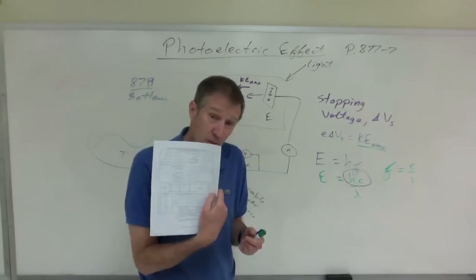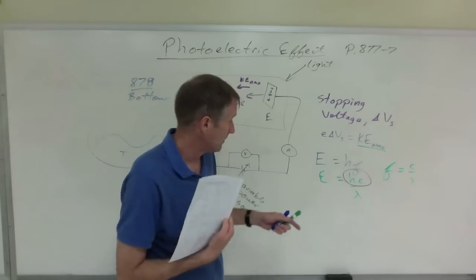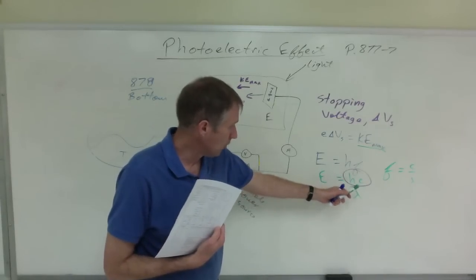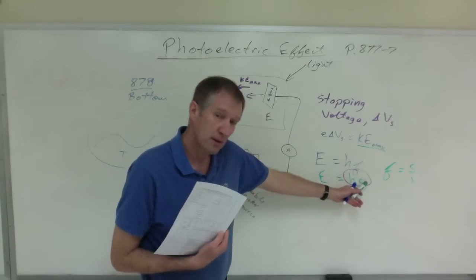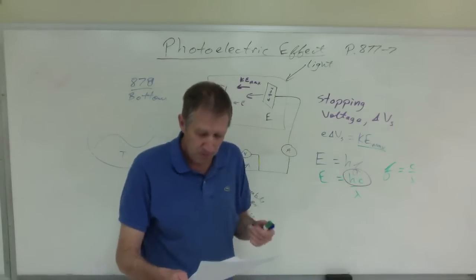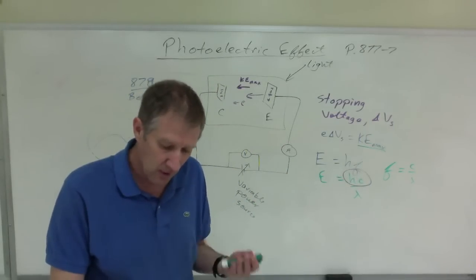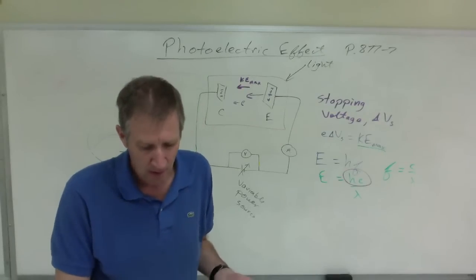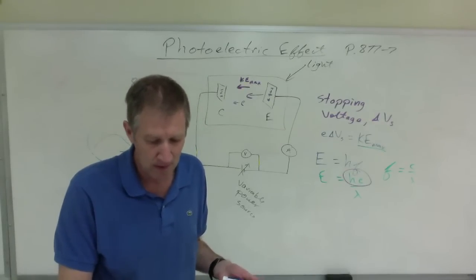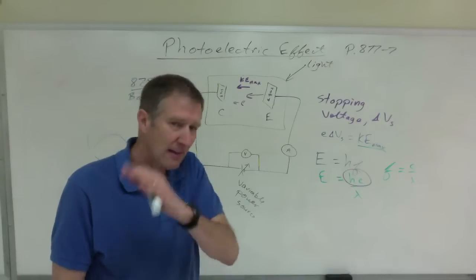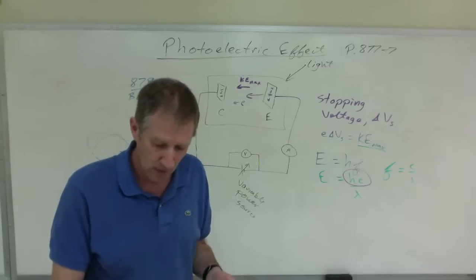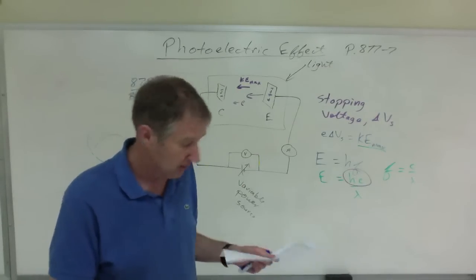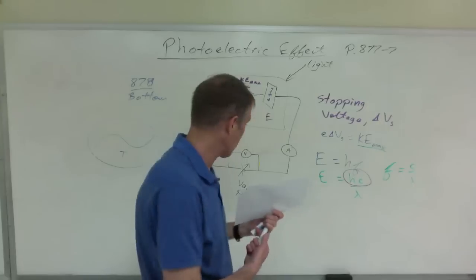Remember, you get this for the multiple choice as well as the free response. They've multiplied h times the speed of light in a vacuum, and they have it in SI units, which is joule meters, and that's 1.99 times 10 to the negative 25 joule meters. That's great, but we normally deal in electron volts and nanometers when we're talking about light. And that's the number you're going to want to remember.